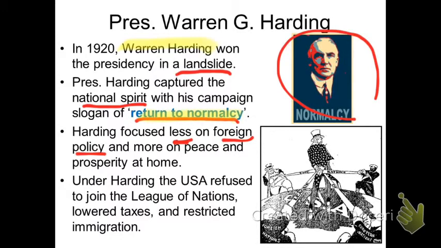We had over 3 million men in uniform and well over 300,000 casualties, costing us billions and billions of dollars at that time. People were not interested in continuing that type of policy, and so Harding focused less on foreign policy and more on peace and prosperity at home.